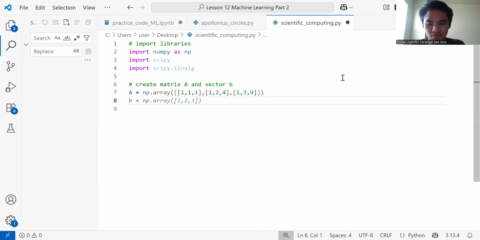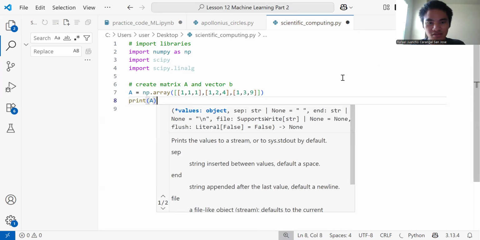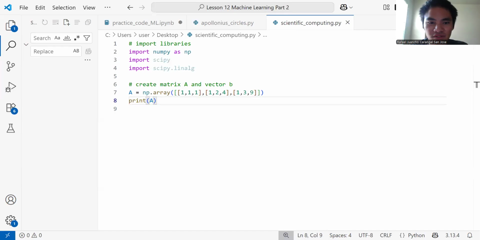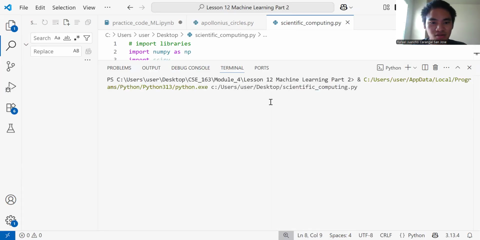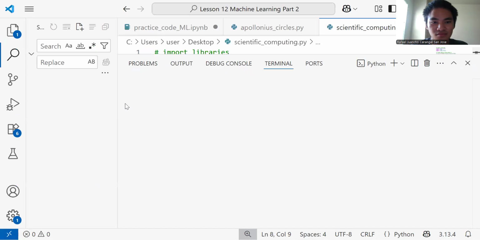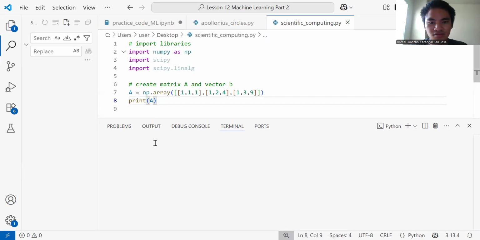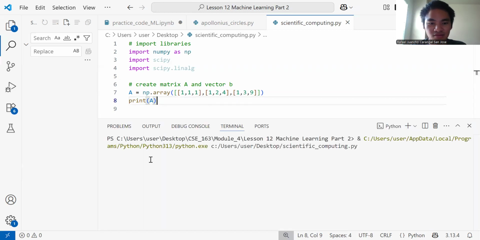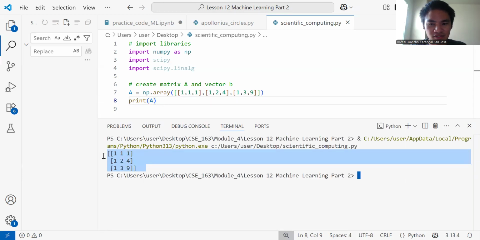I'm just testing because I haven't used VS Code in a while. There we go. So yes, we have this matrix, 3 by 3, right? I can't zoom it in, but we can see this matrix.